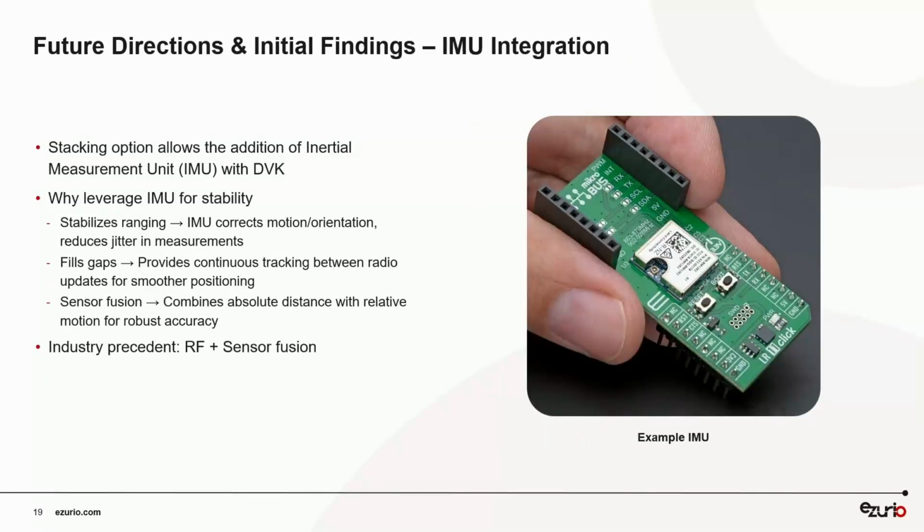The next area we're looking at is integrating some form of sensor fusion into that development board. So we showed you the actual dual antenna board that we had before, and it had those micro E-click connectors. So you can take a dev board, add in the dual antenna array. You can then take an IMU click board, such as what you can see on here, and add it on top of that.